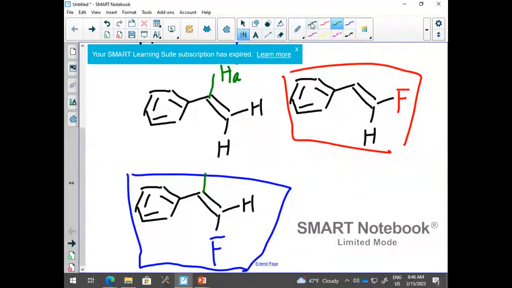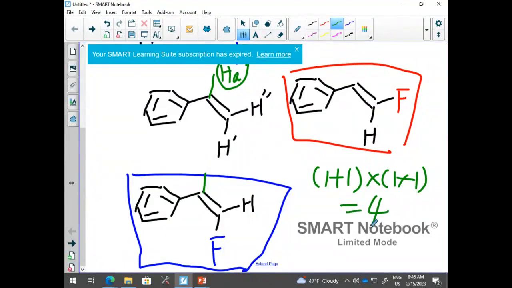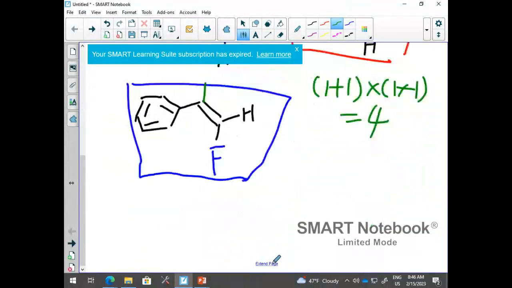Because these two protons are different, the total multiplicity of this signal is 4 lines. So that's how complicated spin splitting works.